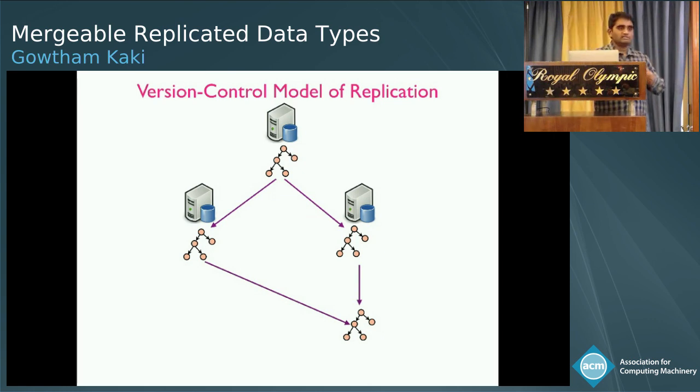Replicas periodically synchronize to create newer versions that include updates from all the other remote replicas. That's the version control model of replication, which is key to deriving these replicated data structures with ad hoc but useful semantics.